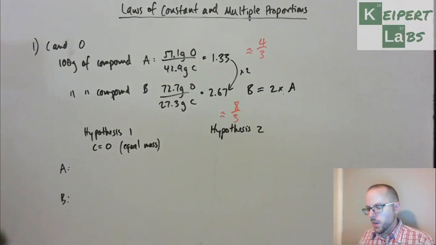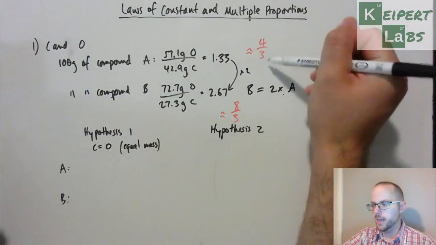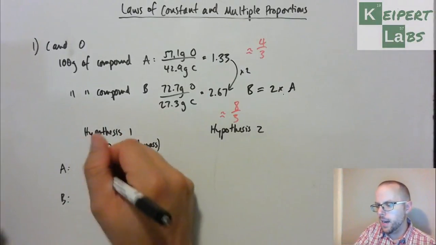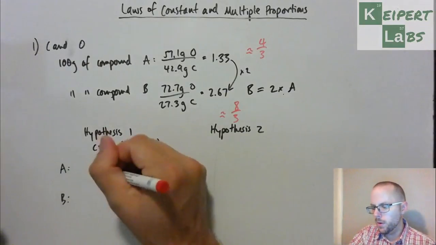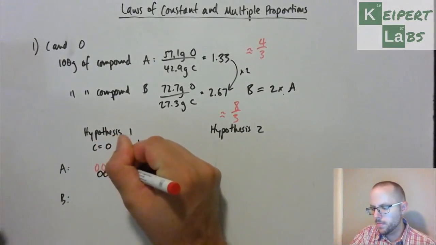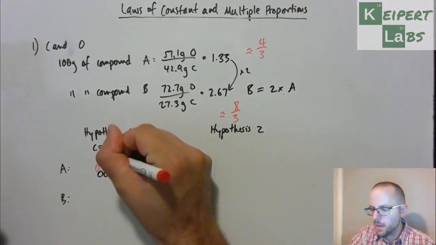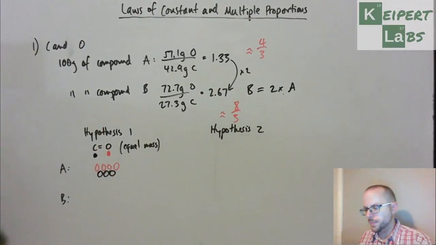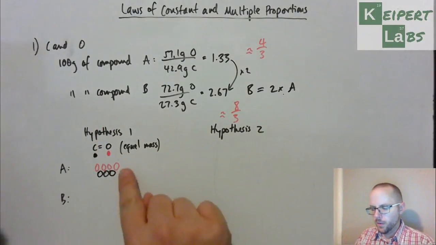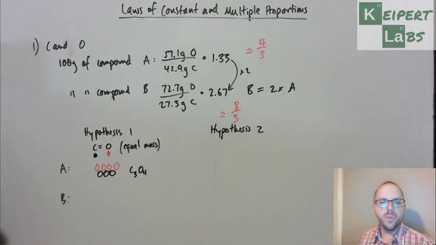Okay, and so what we can then say is that one way we could account for this 4:3 ratio is that we have 3 carbons for every 4 oxygens. So, if oxygen is our red circle and carbon is our black circle, we could say this compound is C3O4.